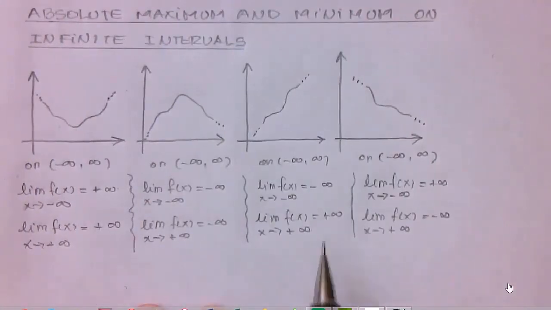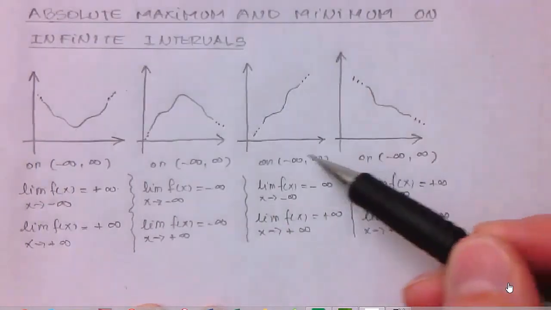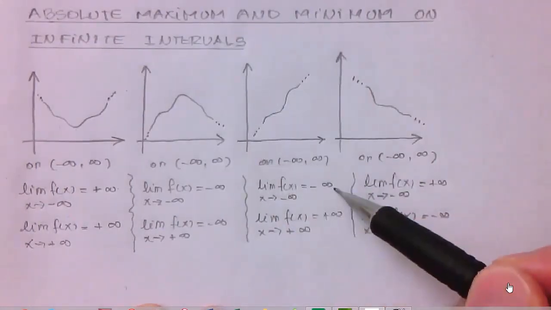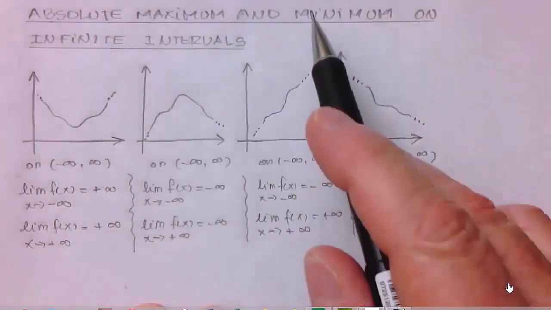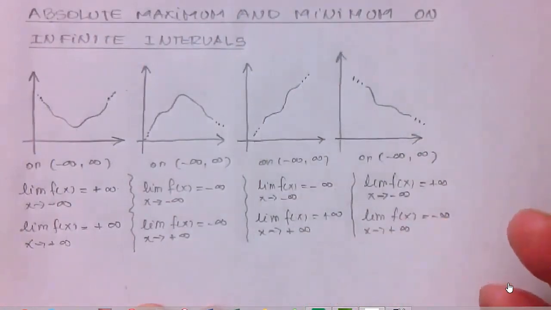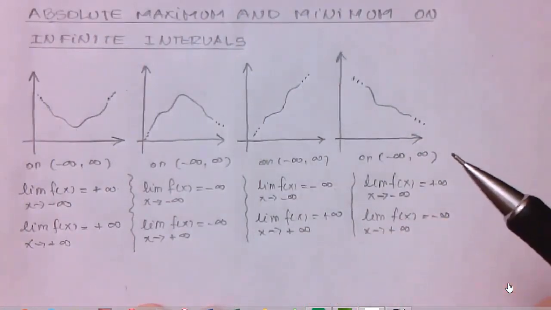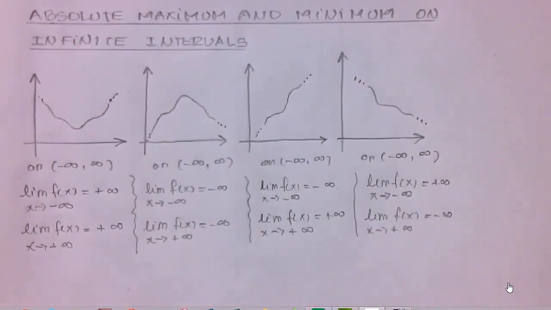For the other two cases, if the limit when x approaches negative infinity is negative infinity, and the limit when x approaches plus infinity is plus infinity, what is happening is something like this, and the function will not have an absolute maximum or an absolute minimum. Similarly here. Let me show you an example.